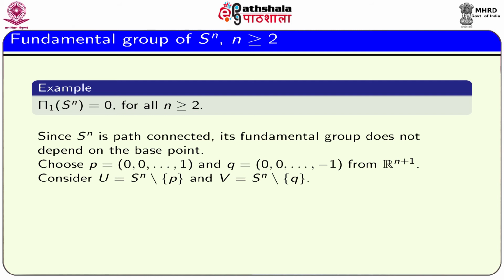One is a point P which has coordinates all zeros and the last component is 1, and the other point Q has the first n components 0 and the last component as -1. Now we consider U as Sn minus the point P and V as Sn minus the point Q.